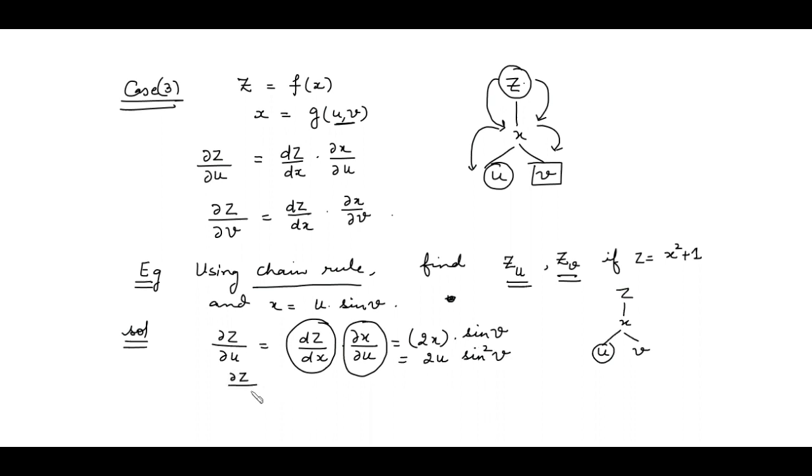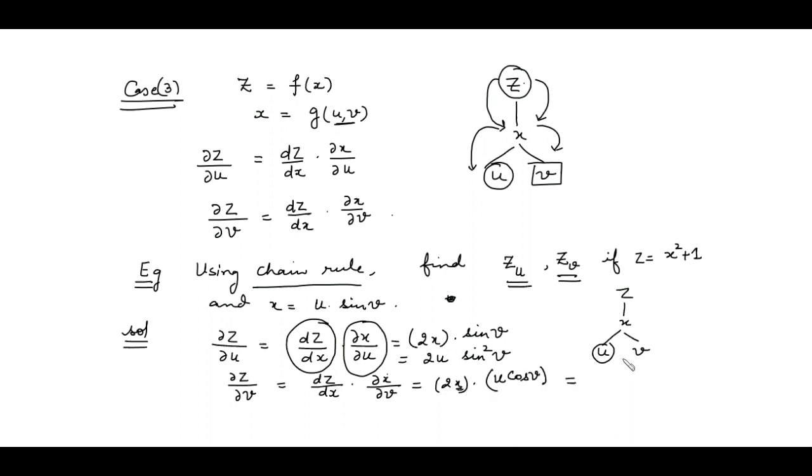Now you find the partial derivative of z with respect to v. This comes out to be the derivative of z with respect to x into the partial derivative of x with respect to v. So this is 2x and the derivative of x with respect to v will be u as it is into cos of v.